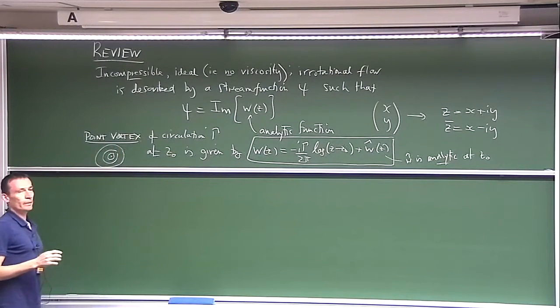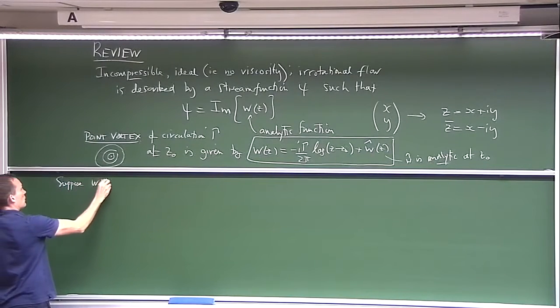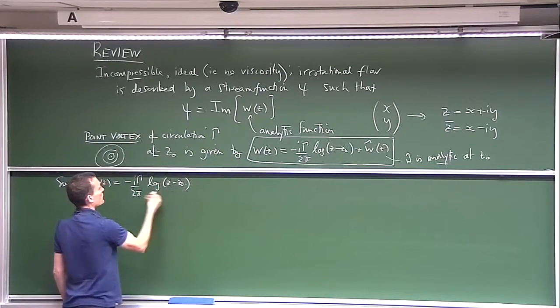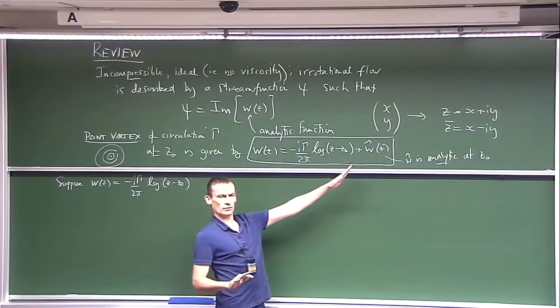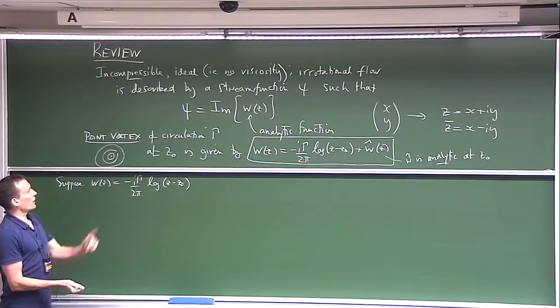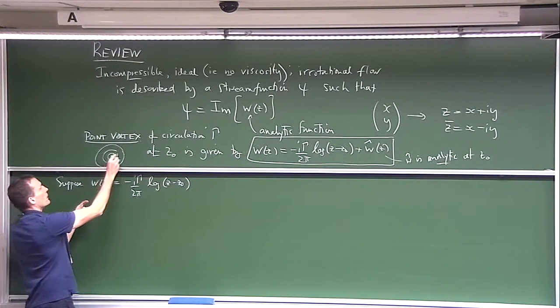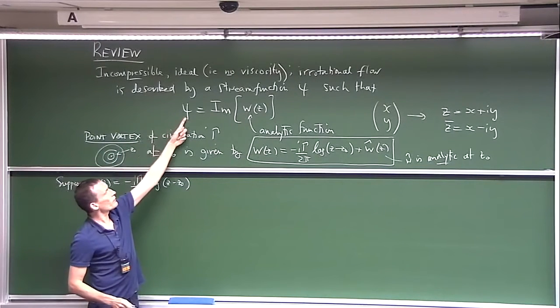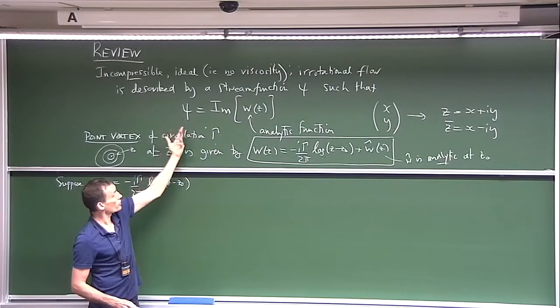Oh, by the way, how do you determine the streamlines? Suppose my complex potential is this, so it's just a point vortex. So in other words, W hat is 0. How do you determine the streamlines? These are actually the streamlines for this flow, but how could I determine these? This is Z0 there. Well, remember, the streamlines are the contours of the stream function. So lines of constant psi are the streamlines.